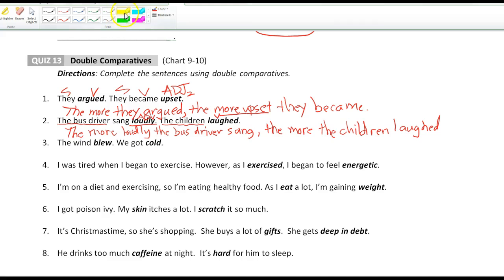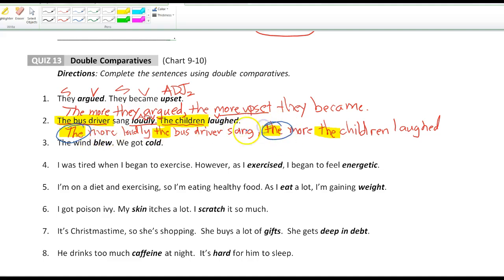Okay, and then here, the subject was the bus driver. The subject was the children. And here we've got the. Yes, we have the 4 times, but that is not important because this the is there because it's part of the double comparative.